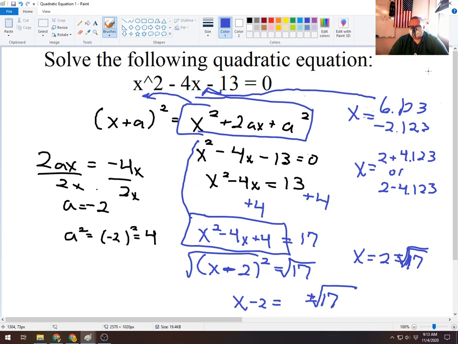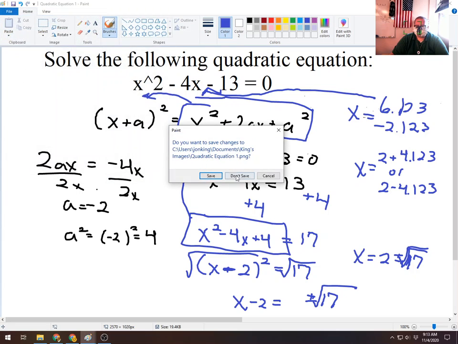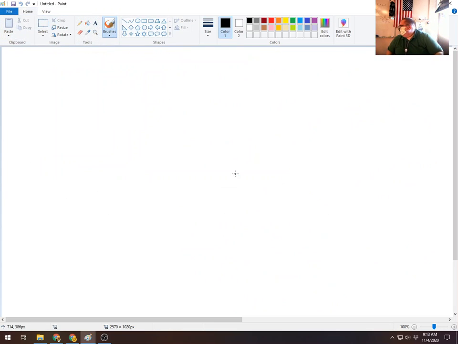Okay. I want to do one more problem with complete the square. I wrote this one down. All right.